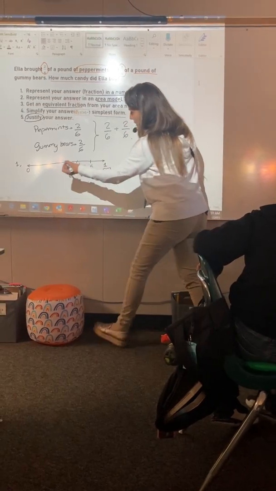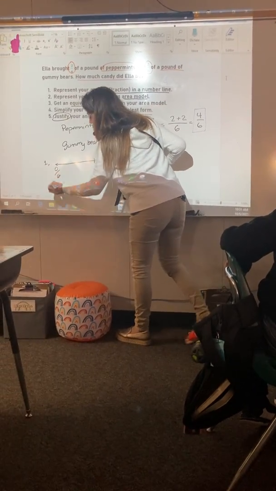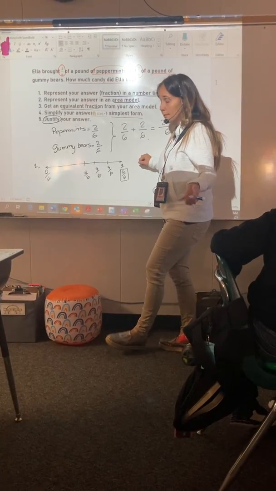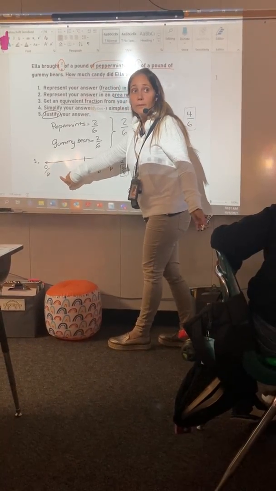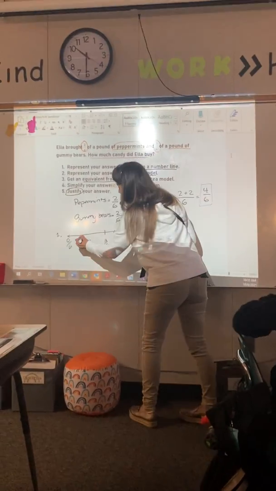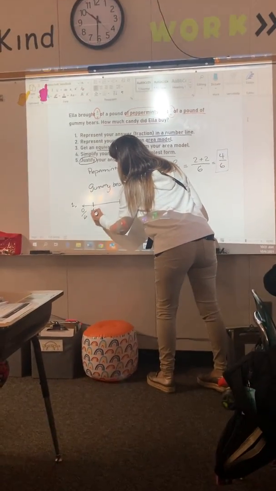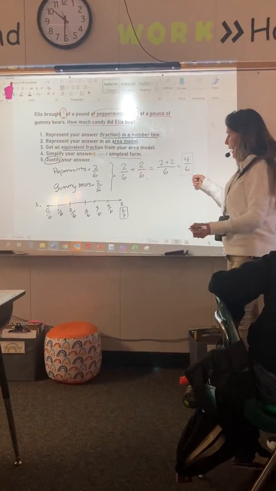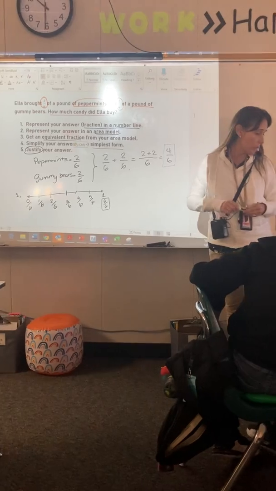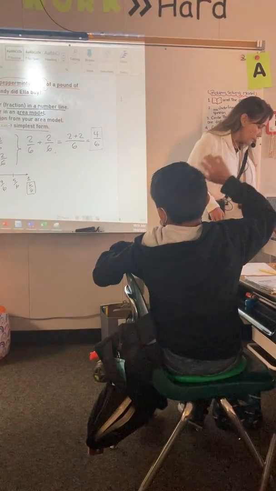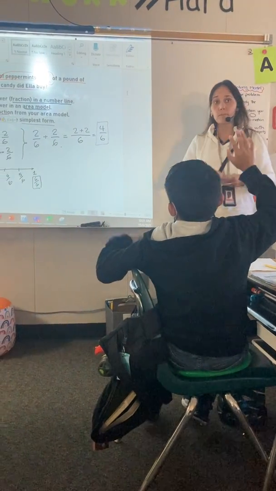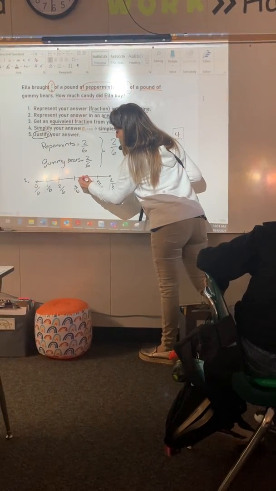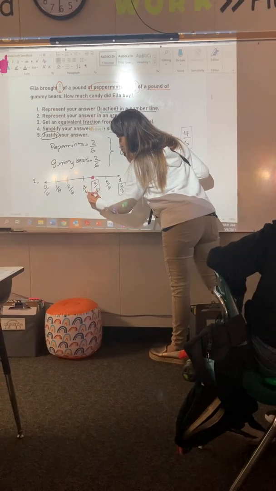Okay, and if I start here, 0/6 is equal to nothing, 0. Okay, good. So 1/6, 2/6. How can I represent my answer on the number line? Where do I go? Angie. You put a dot on the 4/6. Good job. A dot on the 4/6.